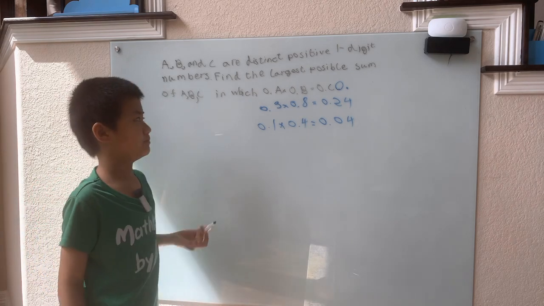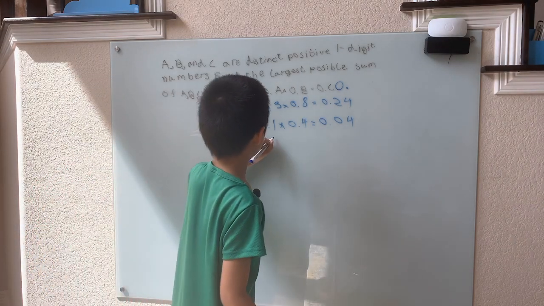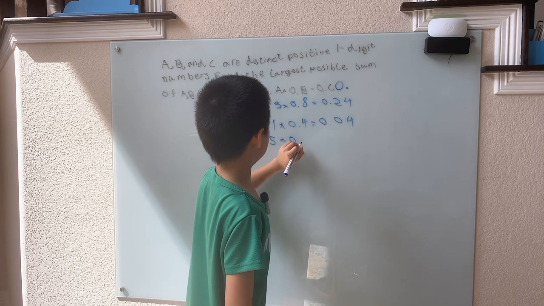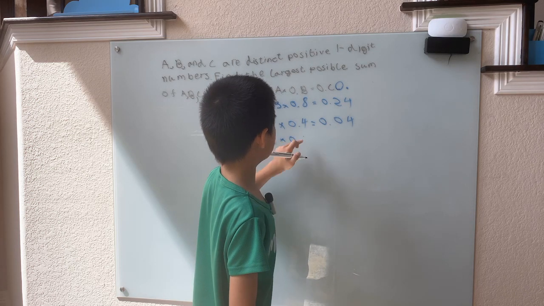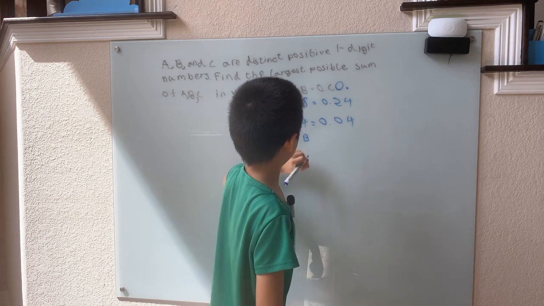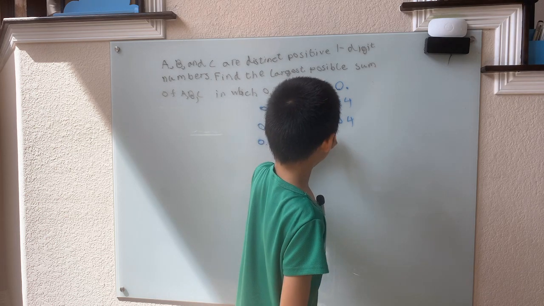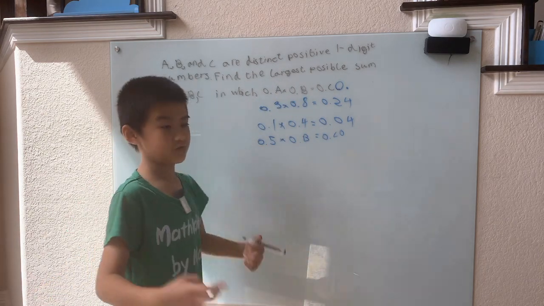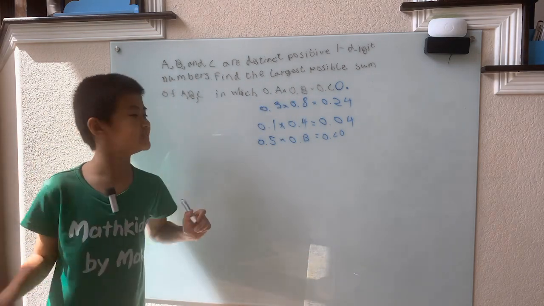We'll just let A be 5. So we have 0.5 times 0.B equals 0.C. Of course, we have to plop in the 0 so it makes more sense to us.